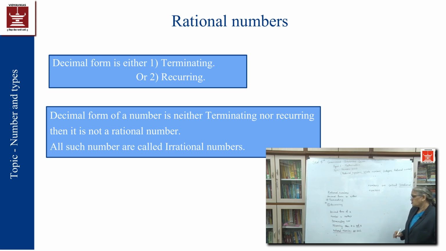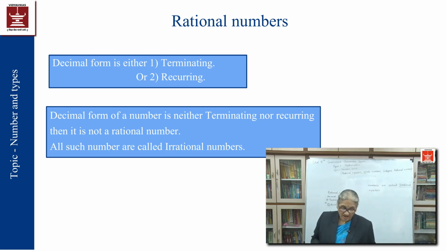The number which is not rational is called an irrational number, right? So, you have to remember the terminologies and the basic concept, the basic understanding, right? So, let us see some examples.